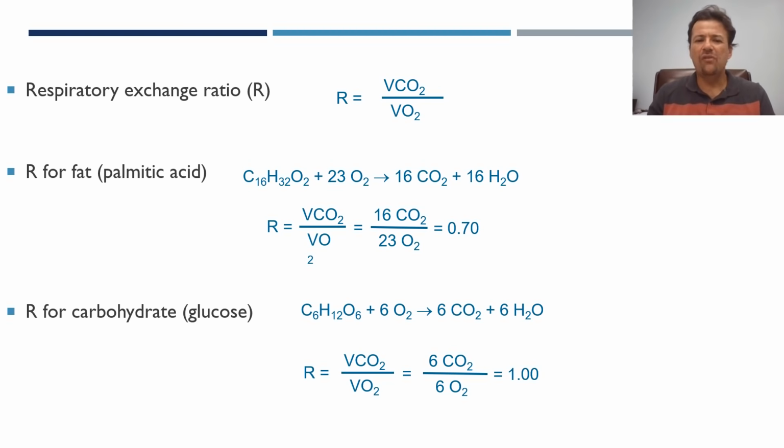If you see an R value of 0.9, and you can go back and look at the table on the previous slide, that means 67 or 2/3 of your fuel is coming from carbohydrates, and approximately 1/3 of your fuel is coming from fat sources. And so the R value gives us an idea of what particular fuel is being burned in the body.